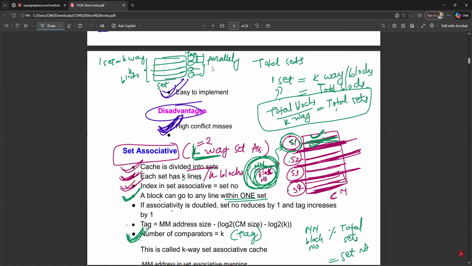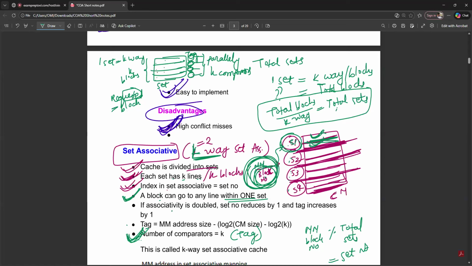This is the tag, so k comparators. With the help of the requested block, you can compare with all the blocks present in the set, because you have to find where this block is present.